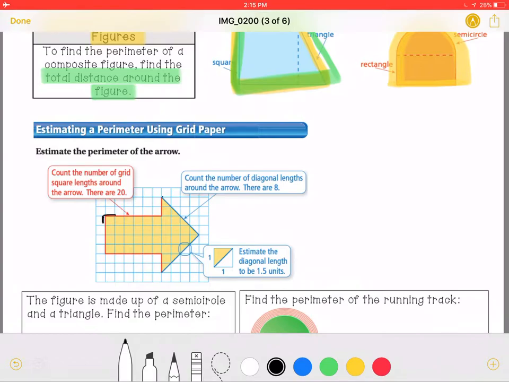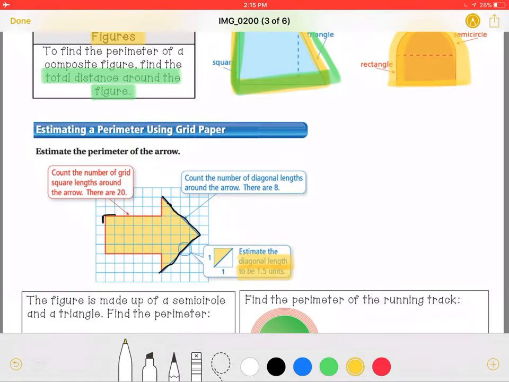But then when we're looking at diagonals, like I see one diagonal here, 2, 3, 4, 5, 6, 7, 8 diagonals. But that's not just 8 units. When we're looking at diagonals, diagonal length is 1.5 units for each of them.